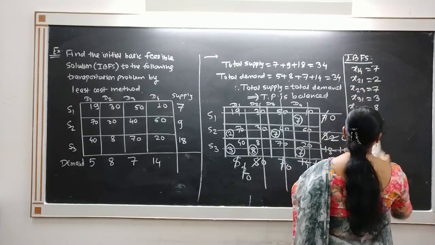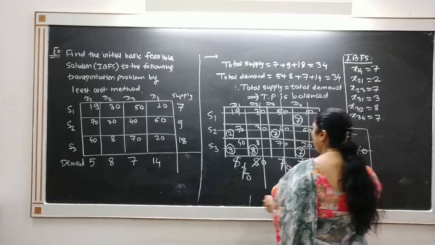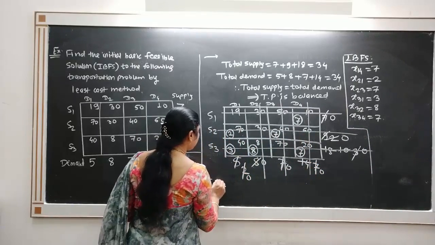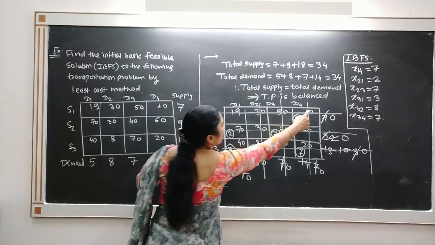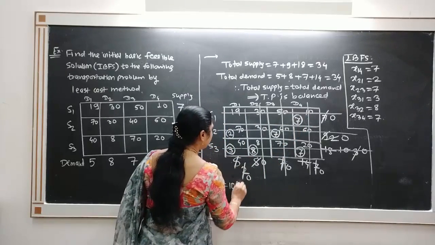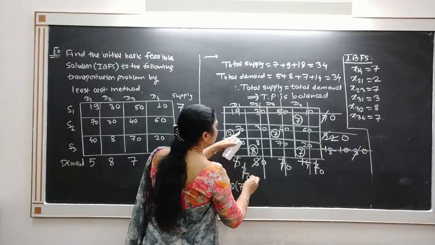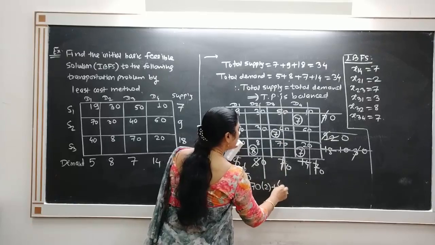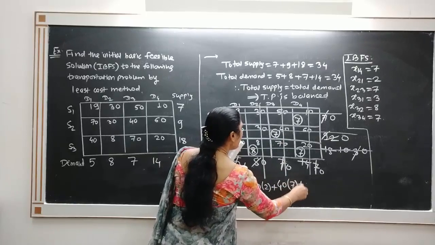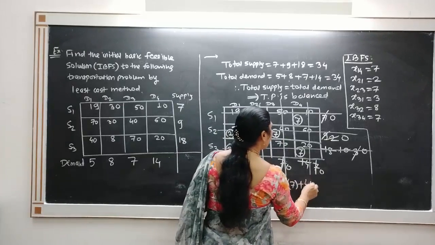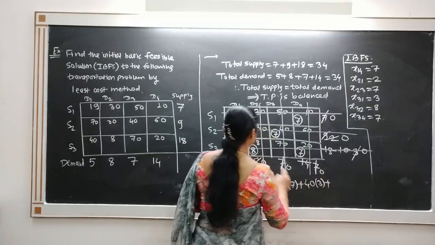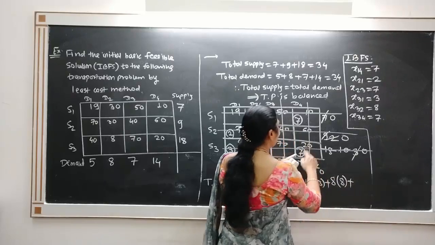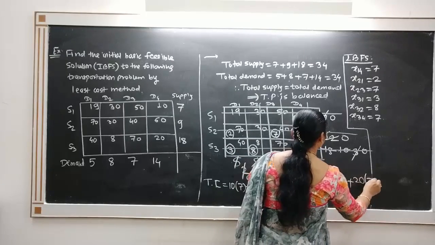The transportation cost TC is equal to 10 into 7 plus 70 into 2 plus 40 into 7 plus 40 into 3 plus 8 into 8 plus 20 into 7.